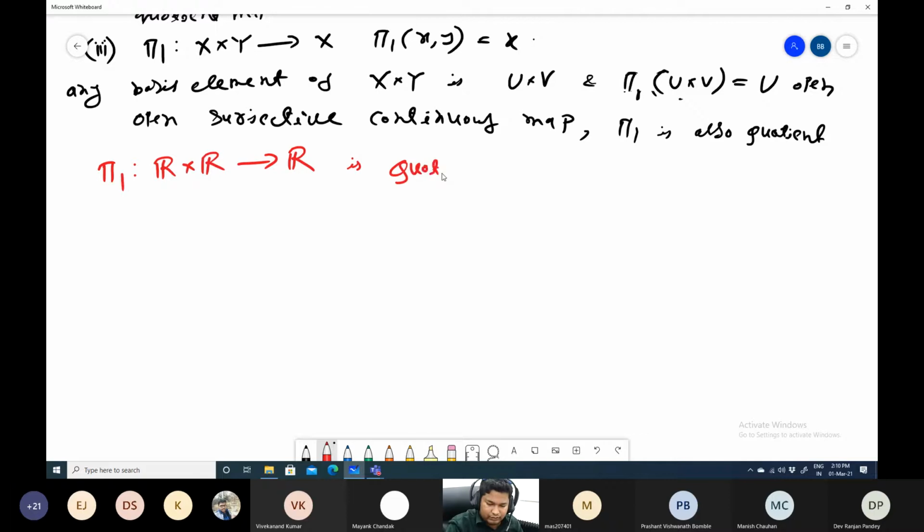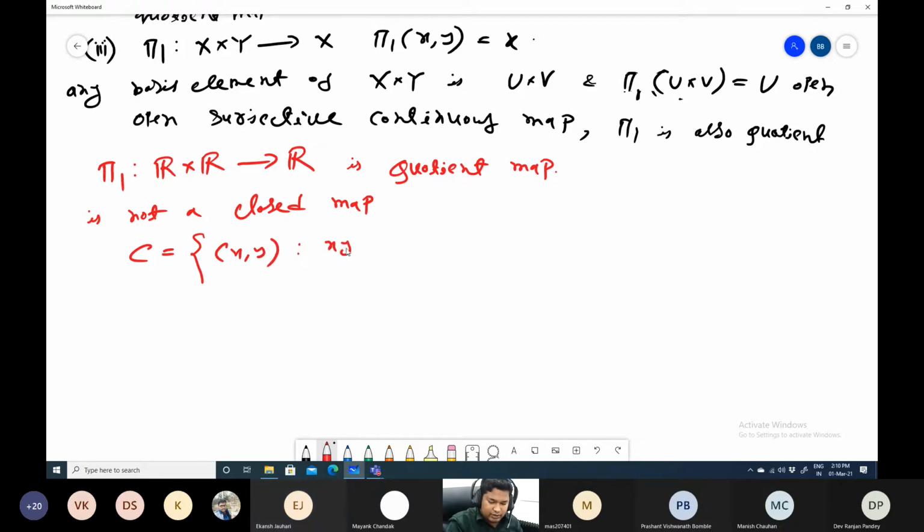We know it is a quotient map. Now we show that this is not a closed map. Why is this not a closed map? We can take a hyperbola in R cross R, that is, C = {(x, y) : xy = 1}.